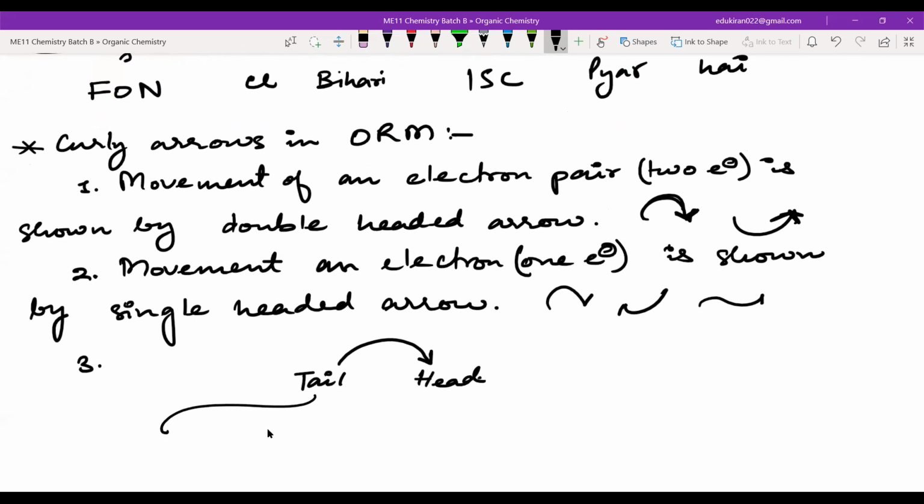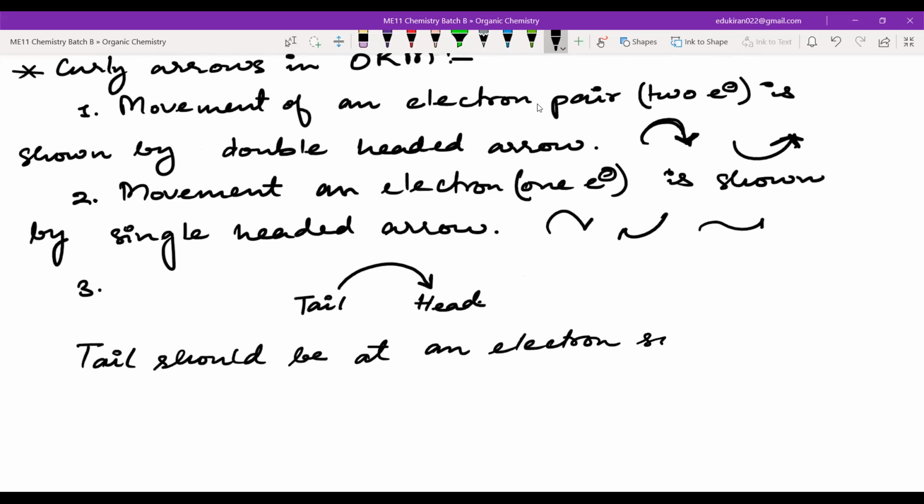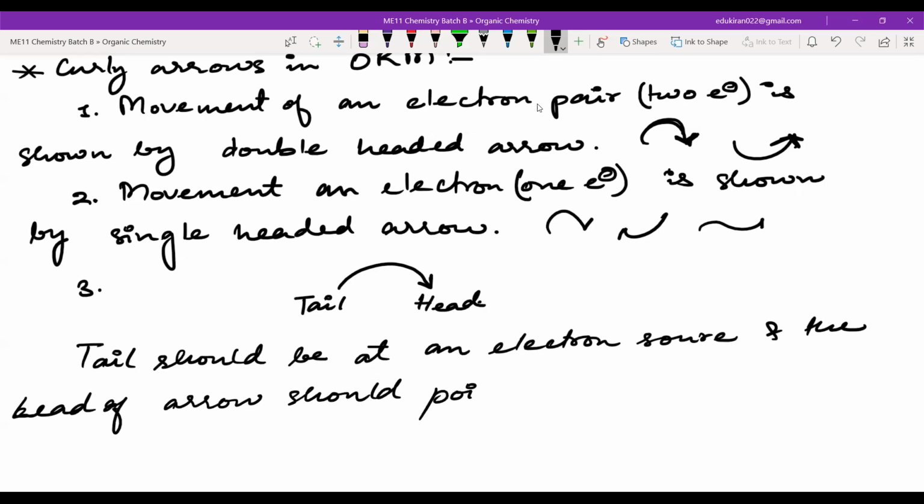Now remember that the tail should be at an electron source, and the head of the arrow should point at an atom.